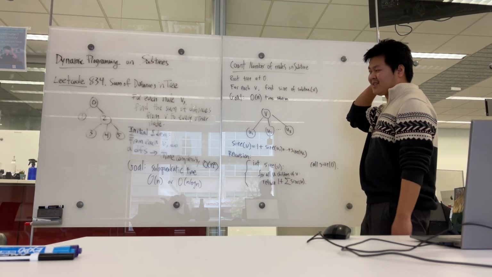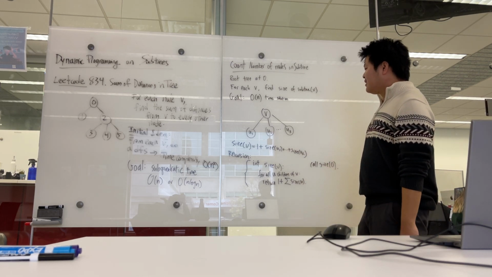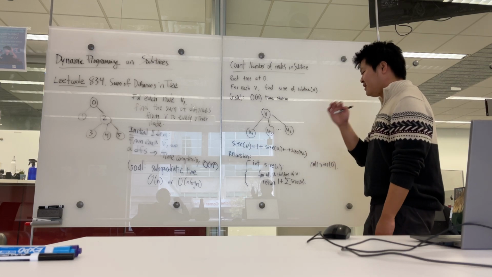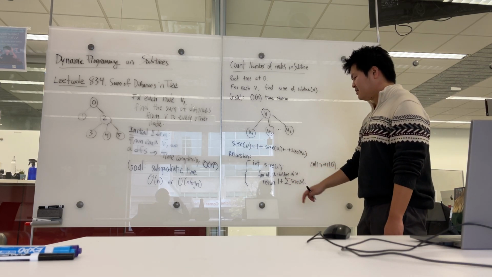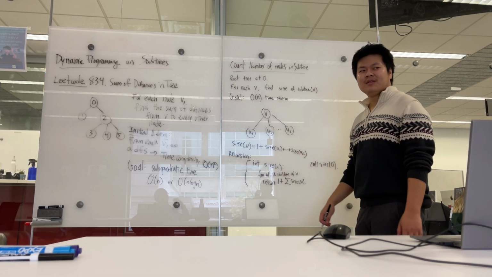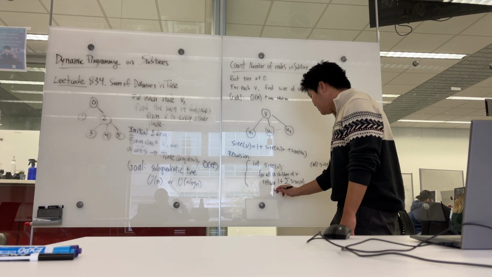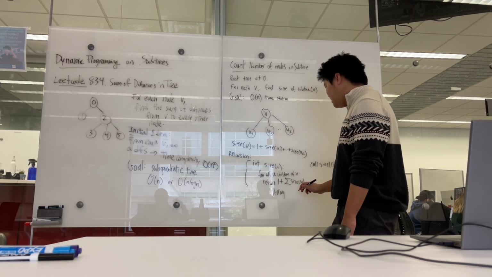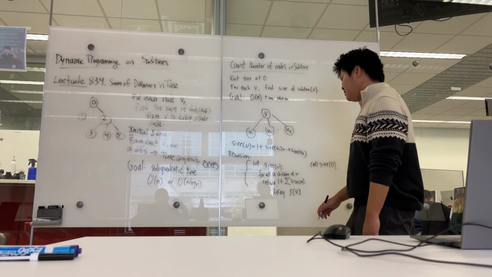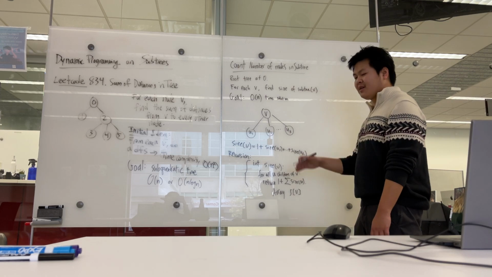In this case, you don't actually need to do dynamic programming. It's just DFS. But the idea is you can also, along the way, store the size once you compute it. So you can create an array S of V, and once you compute it, you don't need to look at all of the subchildren.